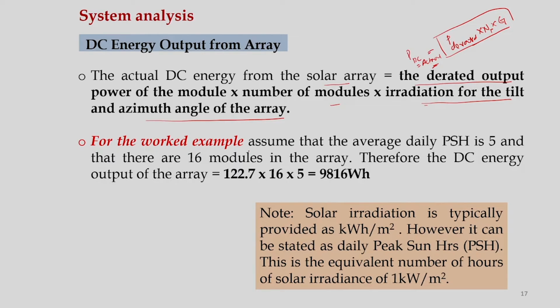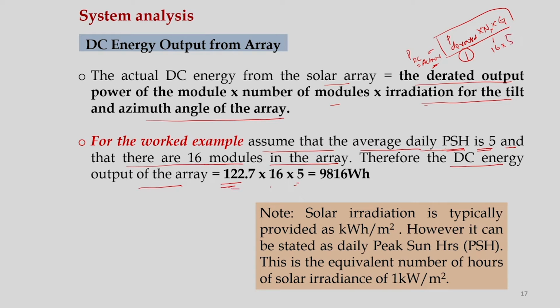If we continue the same problem, assuming the average daily peak sun hour is 5 hours and that there are 16 modules in the array, then the DC energy output of the array will use the already derated power: 122.7, the 16 modules, and 5 hours.